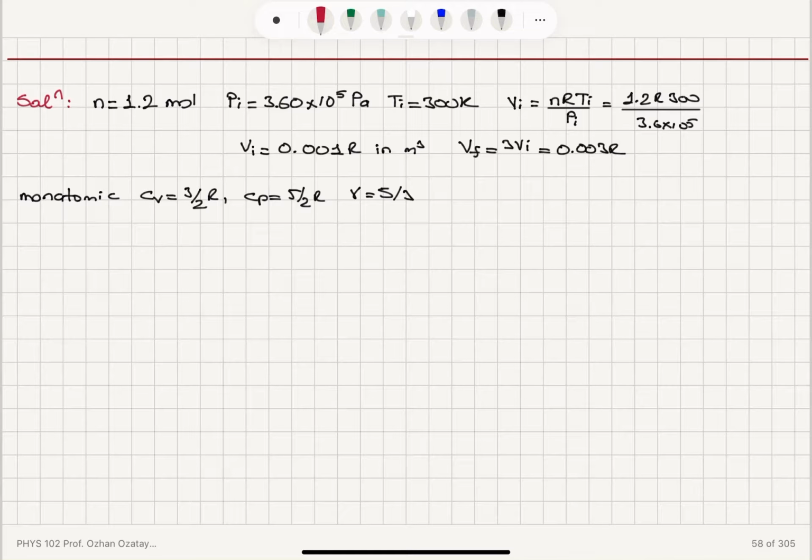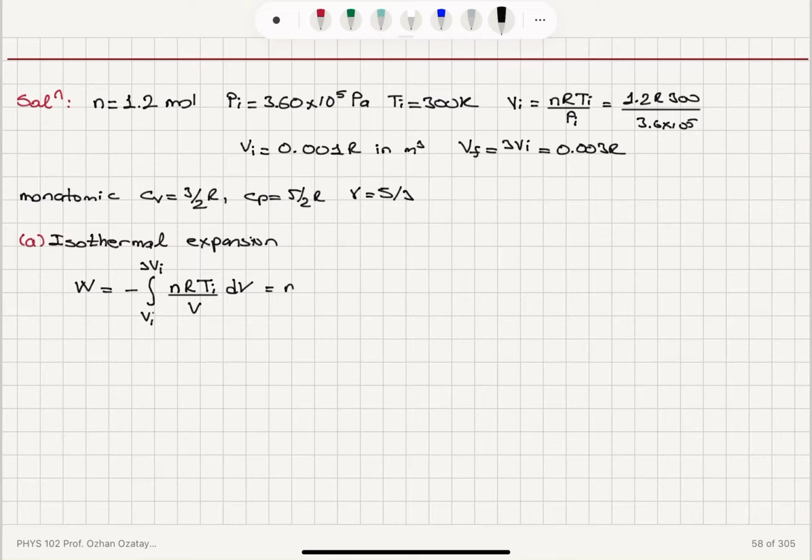Let's start with isothermal expansion. Part A. So we want to calculate the work done in the isothermal expansion process. Now the work done on the gas is minus the integral from initial volume to final volume, 3 V initial, of nRT divided by V dV, and the temperature is constant here because it's isothermal. So it's minus integral P dV.